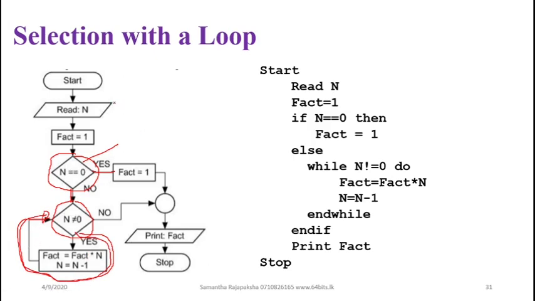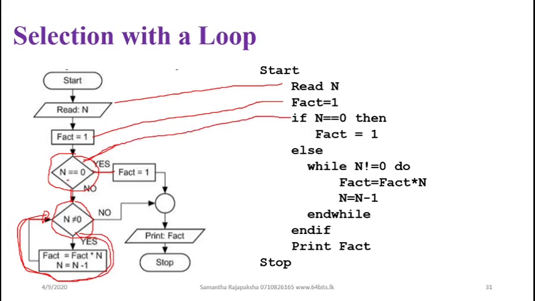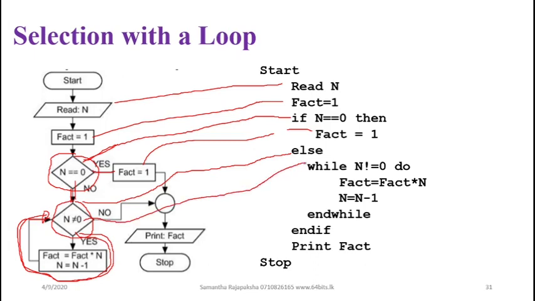So the first line is read the value, set this one, and this one is a selection. If n is equal to 0, if it is true, just set this fact. Else means the no part, else means this part. Under that you have a loop. If it is no, you have to run the loop while.